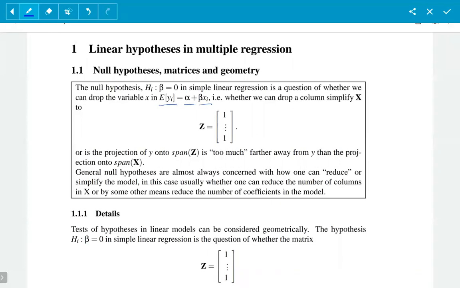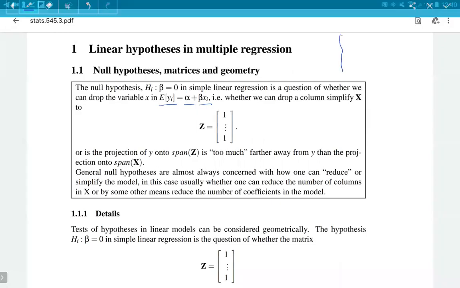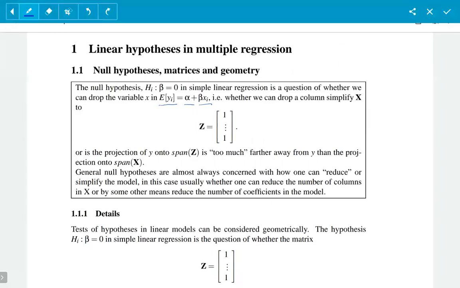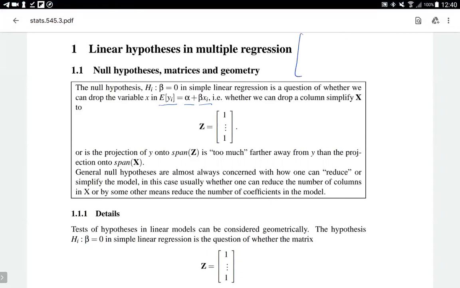And the first thing we usually do is we rewrite this in matrix form.